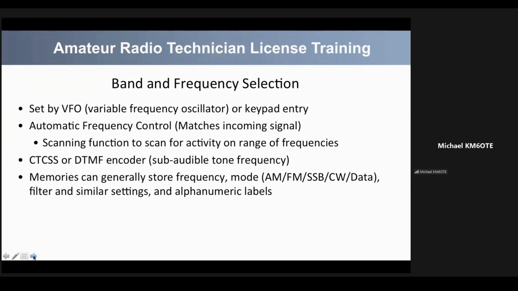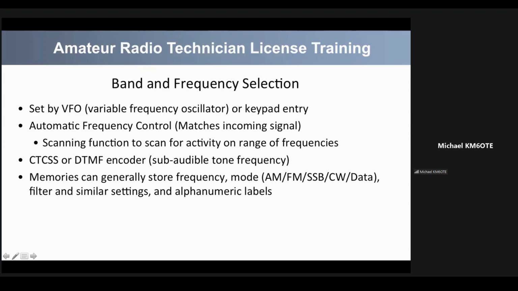You can use what's called a scanning function, and it will scan over a whole range of frequencies to find a signal that's being used. Tim talked about CTCSS and DTMF encoders, and all of that can be stored in the memory.